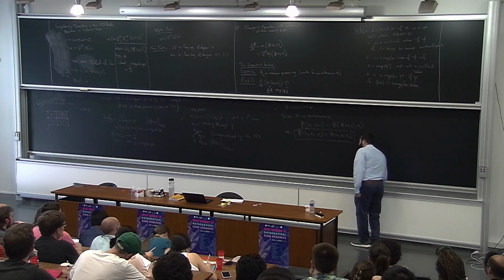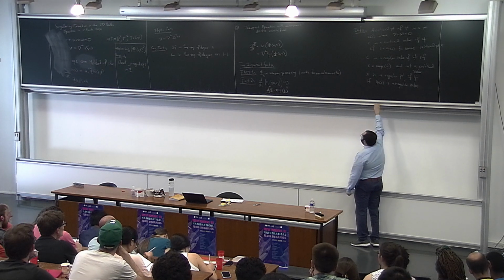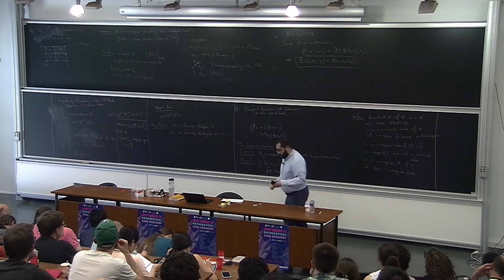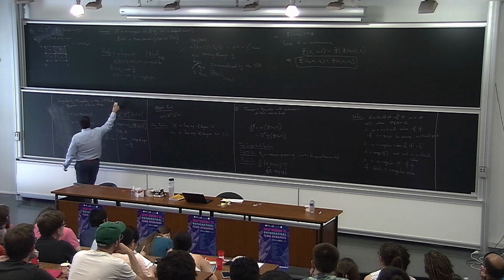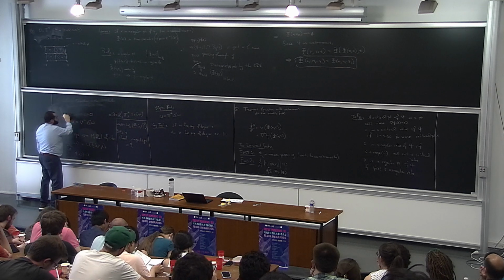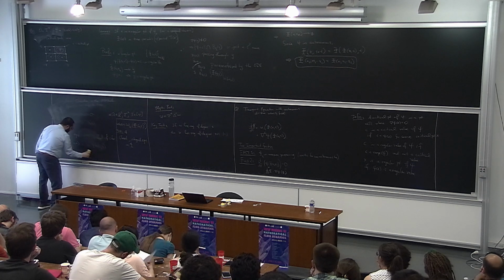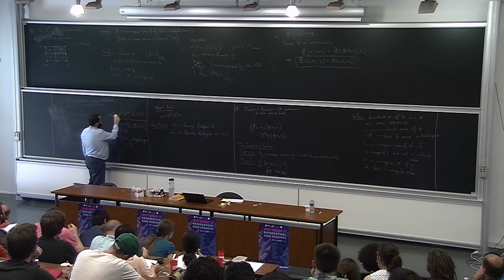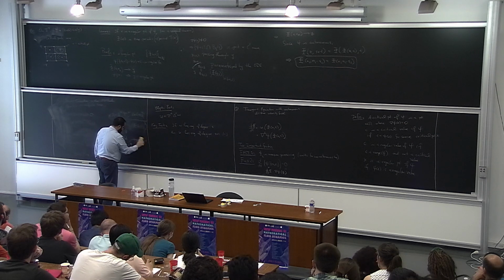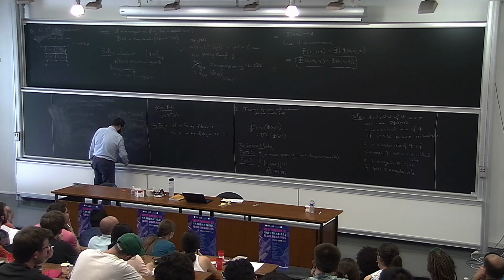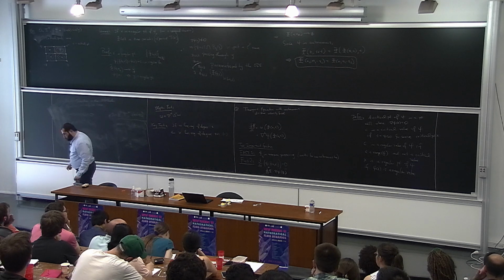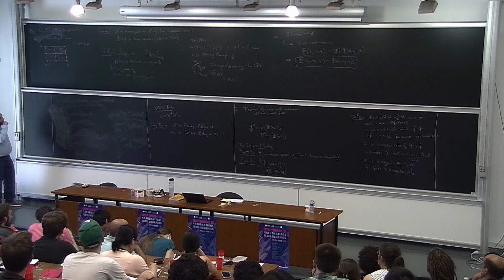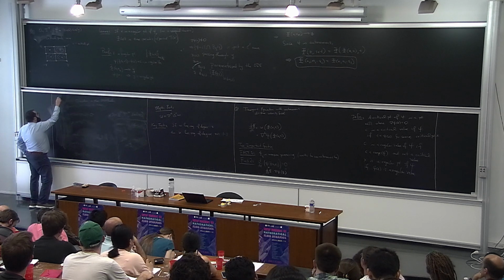So: all regular points have a periodic trajectory passing through them. It can be shown.